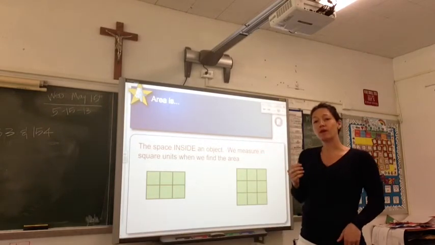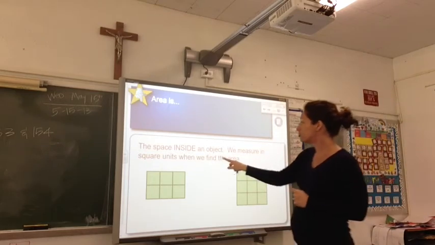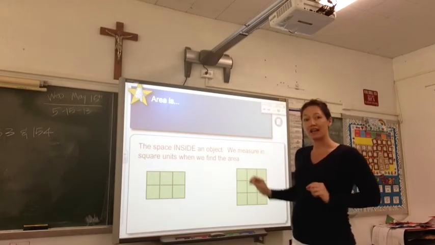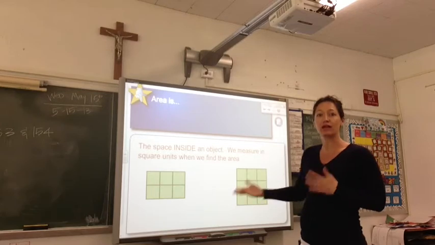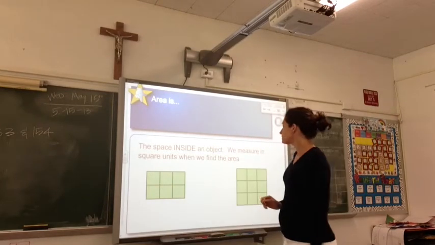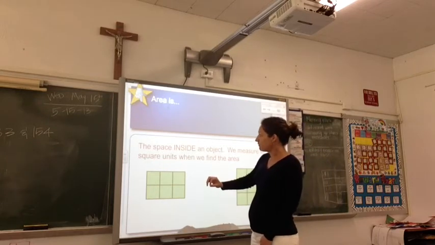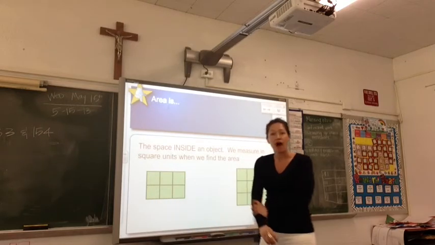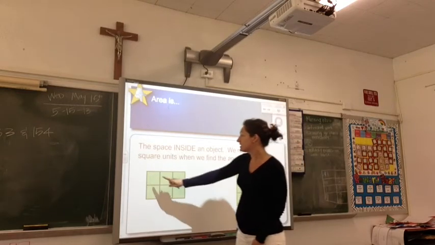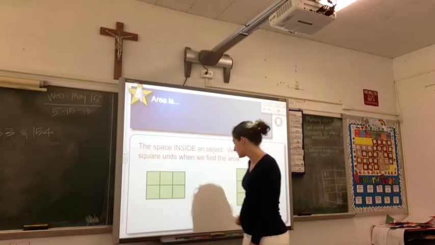Okay? And when we measure area, we take a look at how many square units are inside the object, and we count the inside squares. Okay? Also, area is always measured in square units. So, for this shape right here, if I want to find the area, I just count the squares inside. 1, 2, 3, 4, 5, 6.